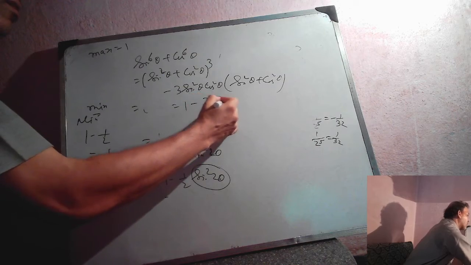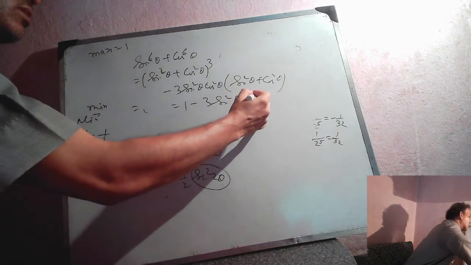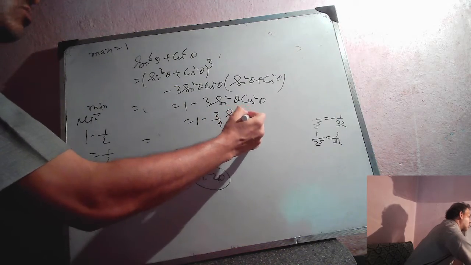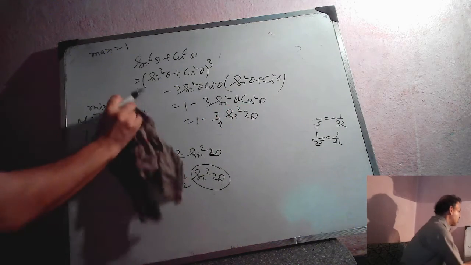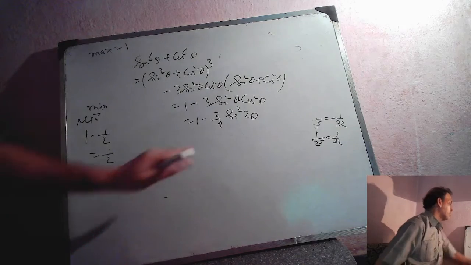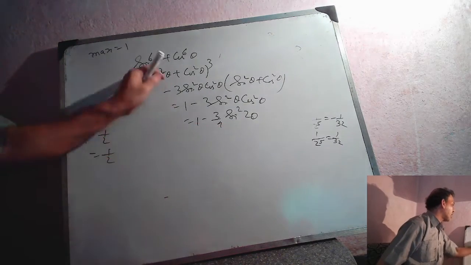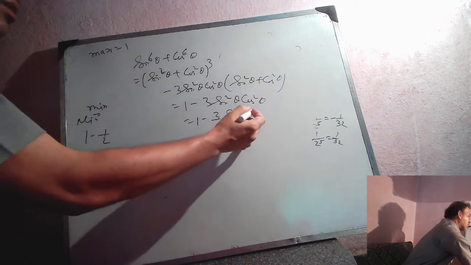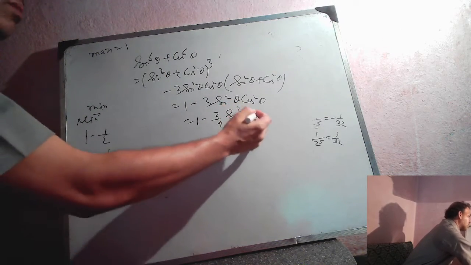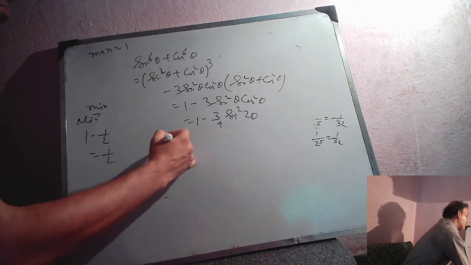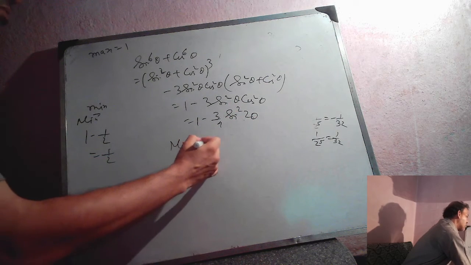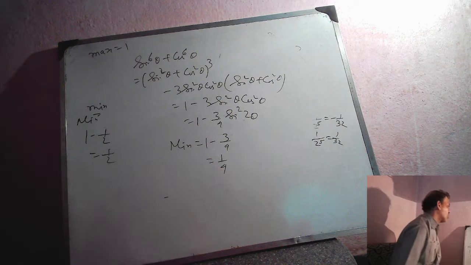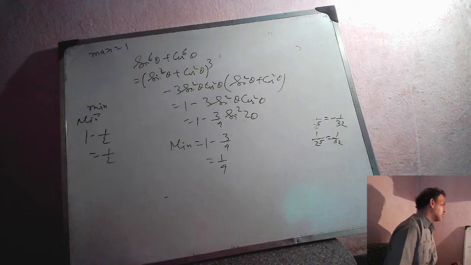So 1 minus 3 sin^2 θ cos^2 θ, that is 1 minus (3/4) sin^2 2θ. This takes its maximum value 1 when this part equals 0. It will be minimum when sin 2θ is at its maximum value 1. So the minimum value will be 1 minus 3/4, equal to 1/4.